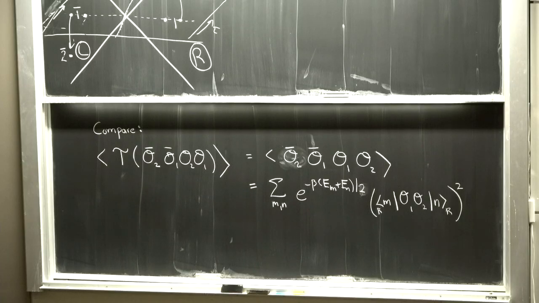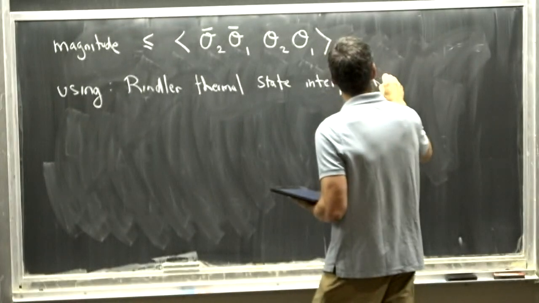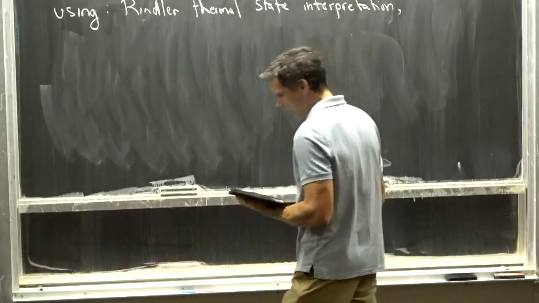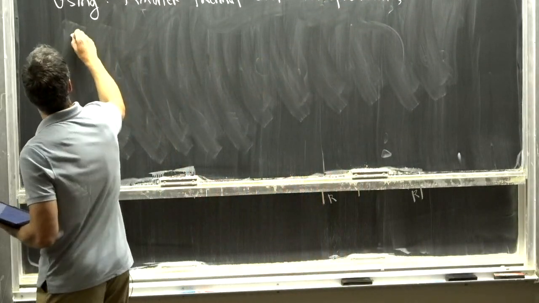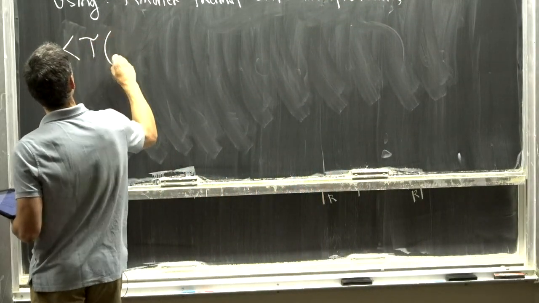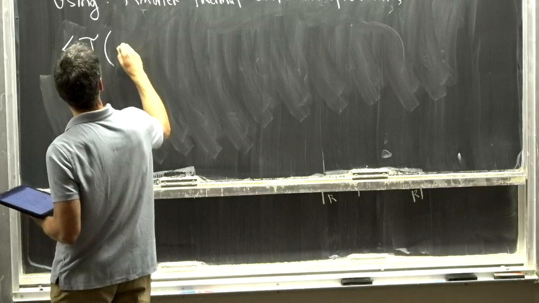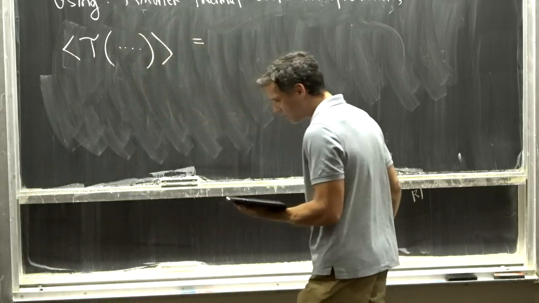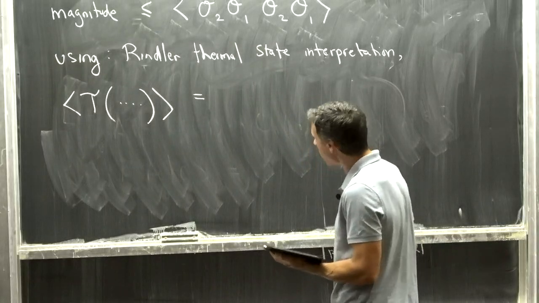Using this Rindler thermal state interpretation, the time-ordered correlator, T of dot, dot, dot, is what's called the thermal OTOC.